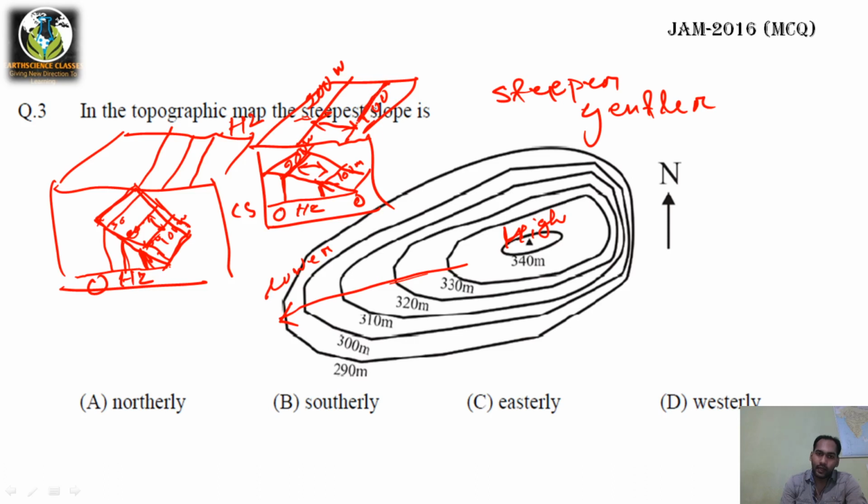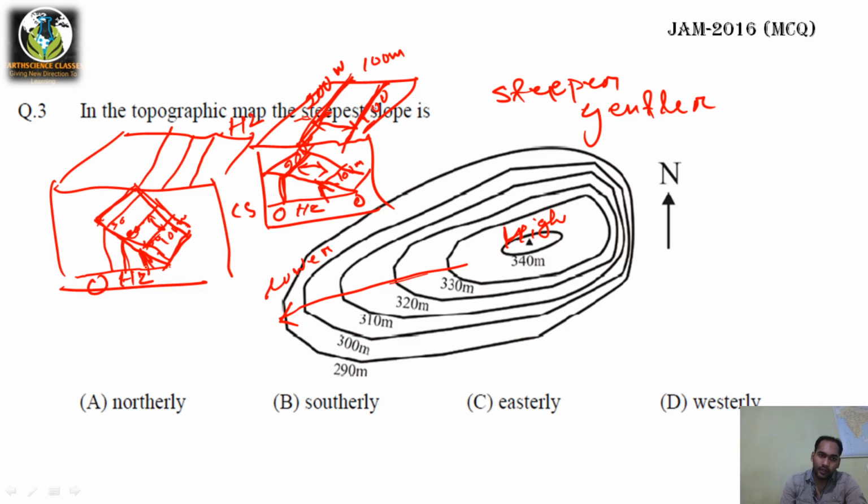Here this strike and this strike, or sorry, this contour and this contour, they are having a difference of 100 meter in elevation.